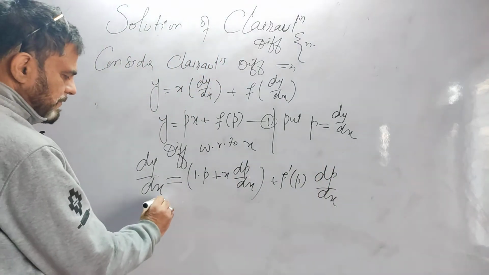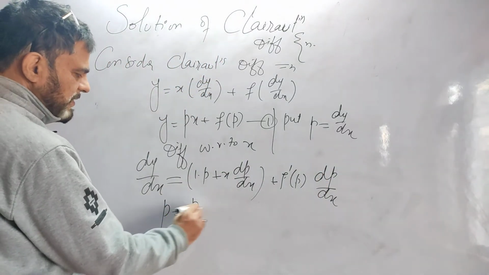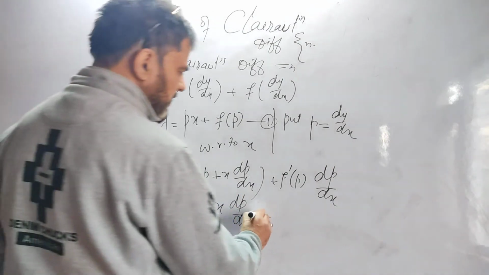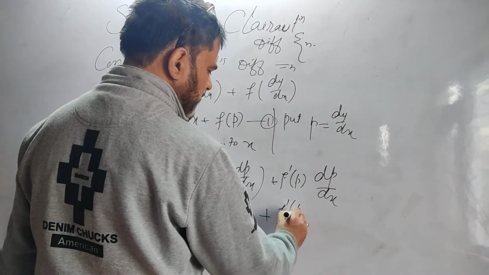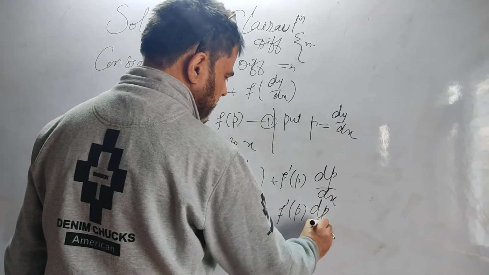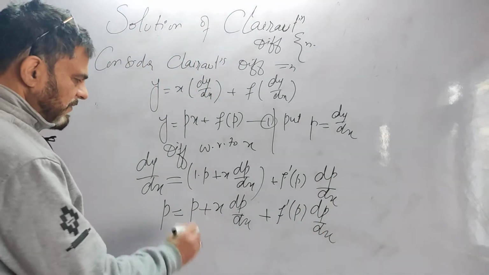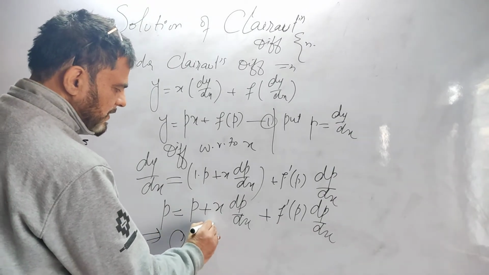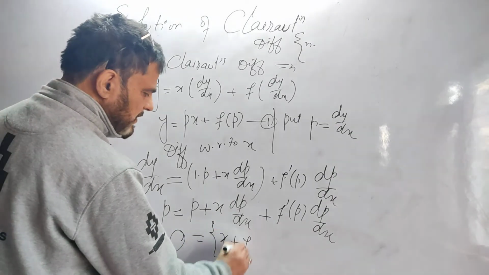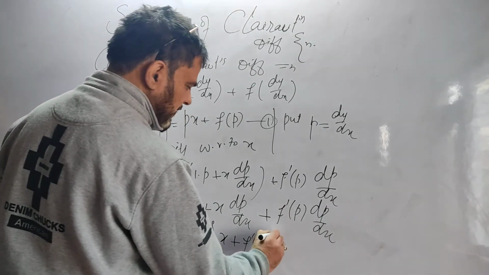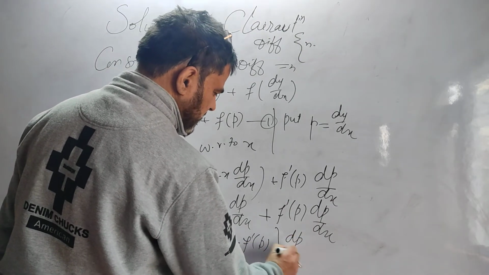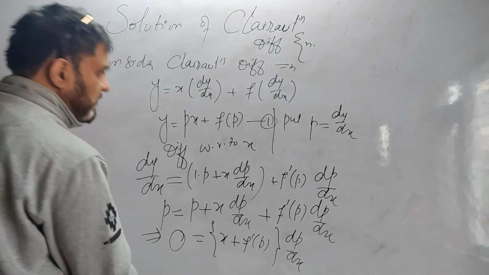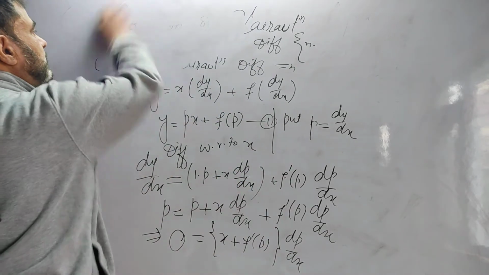This is your p is equal to p plus x dp by dx plus f dash p dp by dx. Well, this implies 0 is equal to x plus f dash p, take dp by dx out.